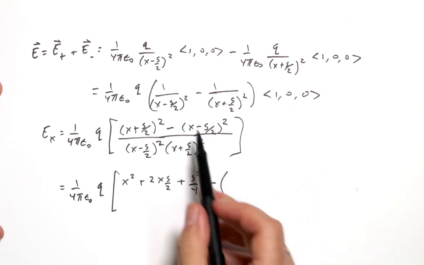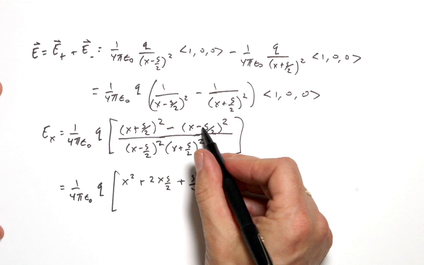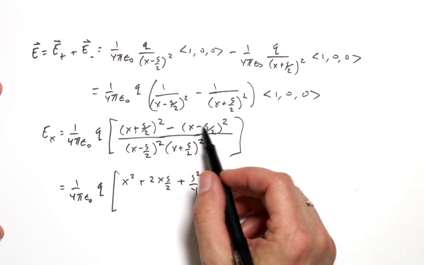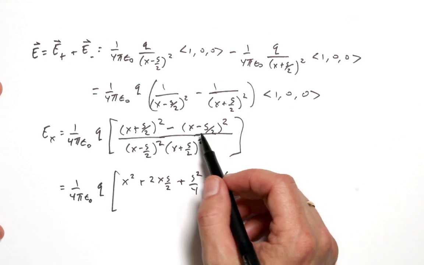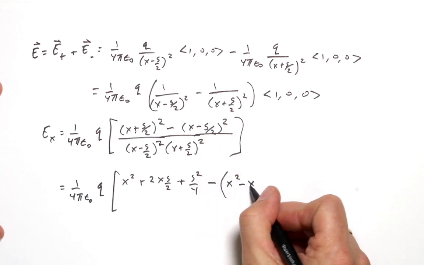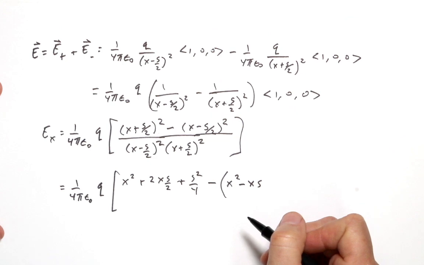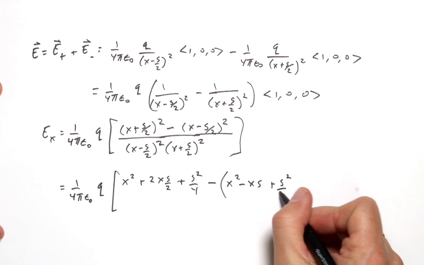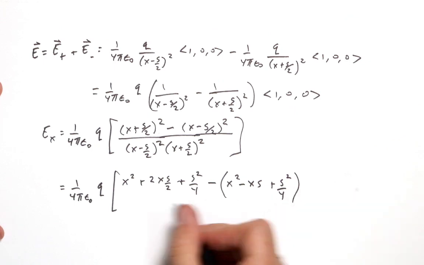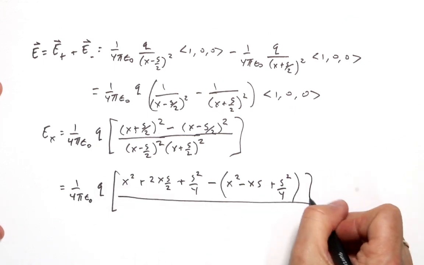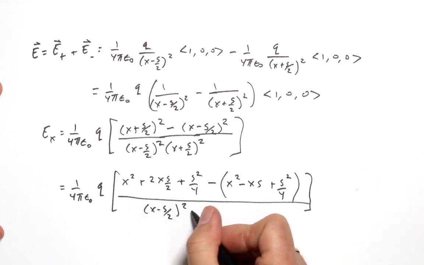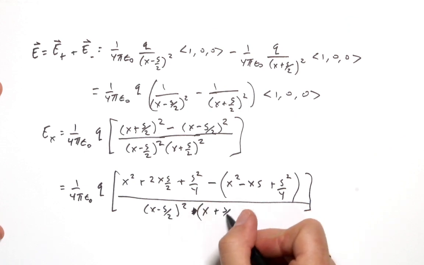I'm not going to factor that out. I get x squared, and then again x times s over 2 times the negative s over 2 plus s over 2 times x. So I get minus xs. That's right. Okay. And then I get plus s squared over 4. And all of that is over x minus s over 2 squared times x plus s over 2 squared.